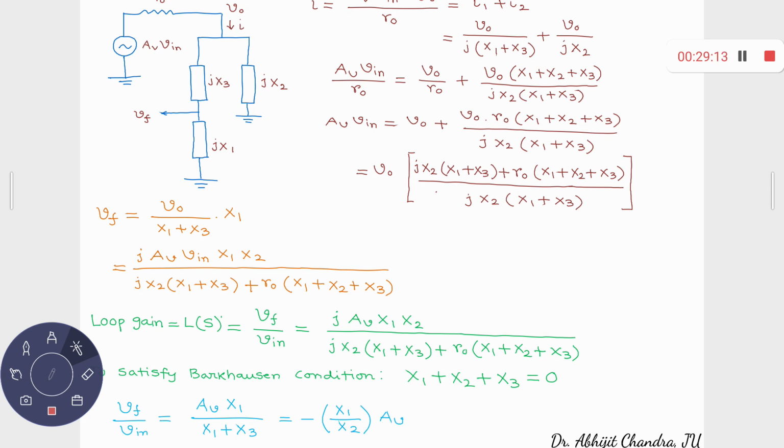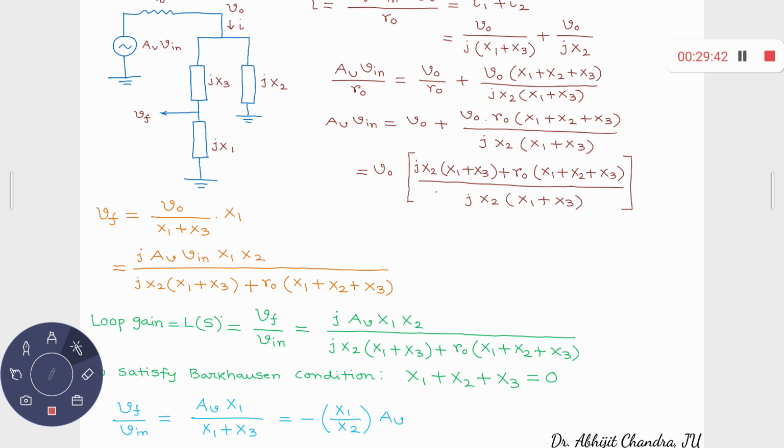Now what you find here, in the numerator you have some j AV X1 X2. In the denominator you have something in the form of A plus jB, a complex number. The numerator you have an imaginary number, the denominator you have some complex number. Now if you would like to make it a pure real term, what is the condition that I have to ensure?